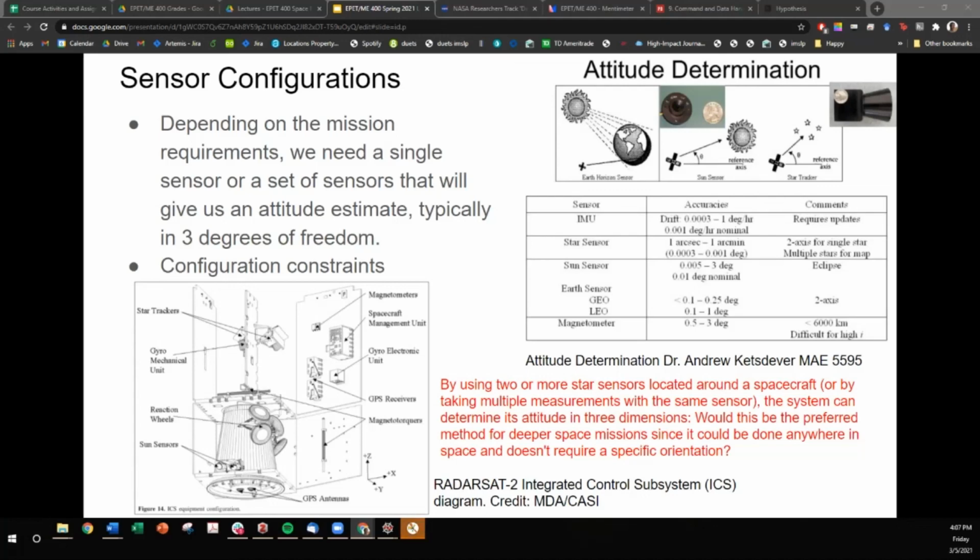So I wouldn't say that it's exactly a preferred method. As always, do the trade, but star trackers are certainly very, very much used for precise applications, especially if you're going into deep space. Your spacecraft is probably going to be larger and you can spare the volume that a star tracker needs.